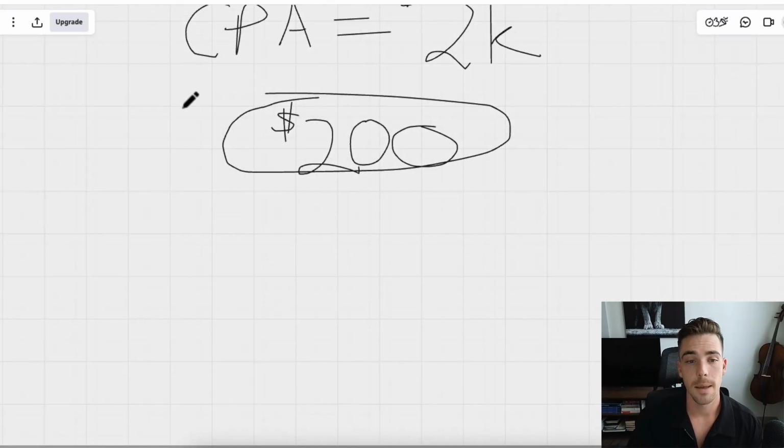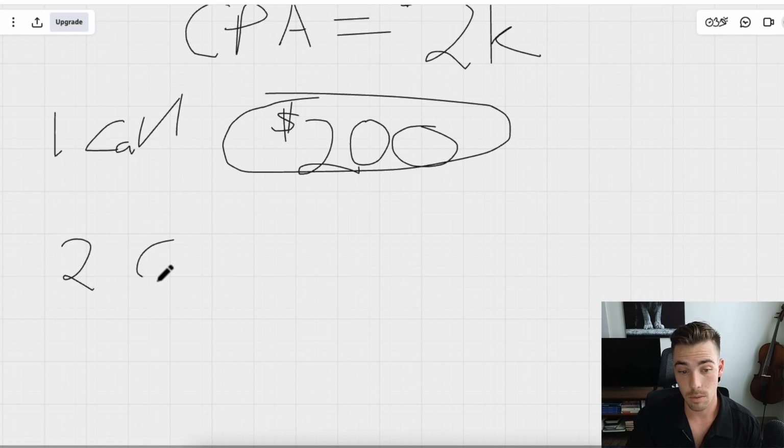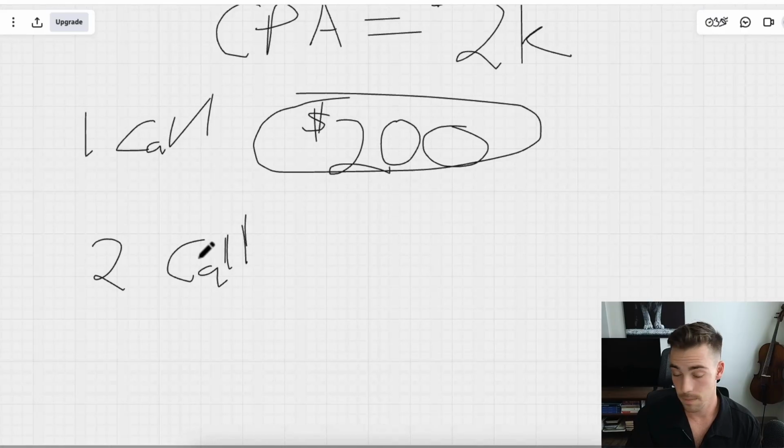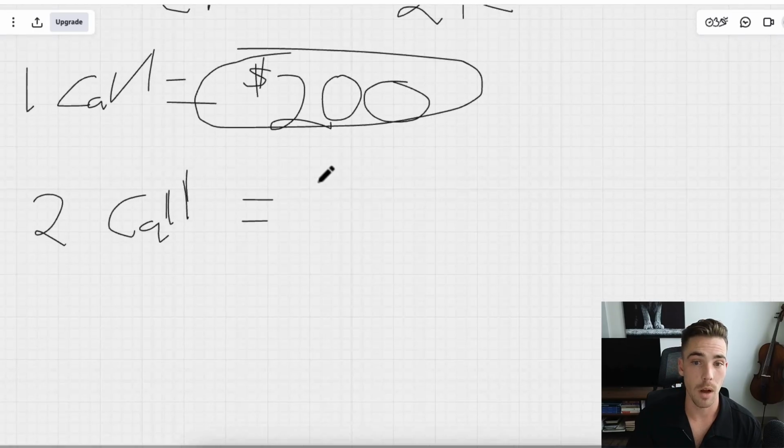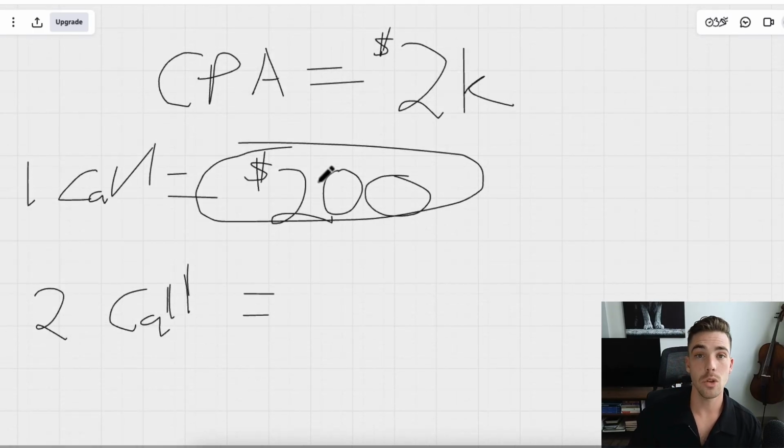Okay, for a 2-call process, and I apologize for my bad handwriting, this pen is awful because I'm using my mouse. For a 2-call process, I use 1/5 or 20% of the target CPA.